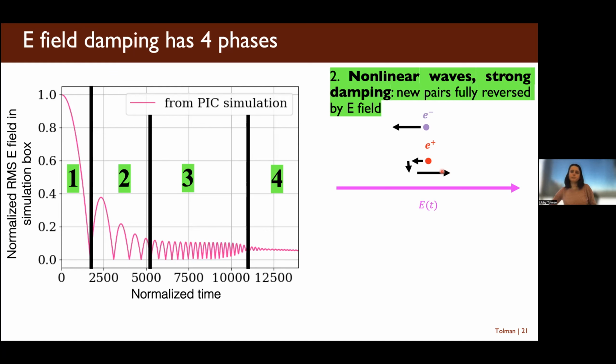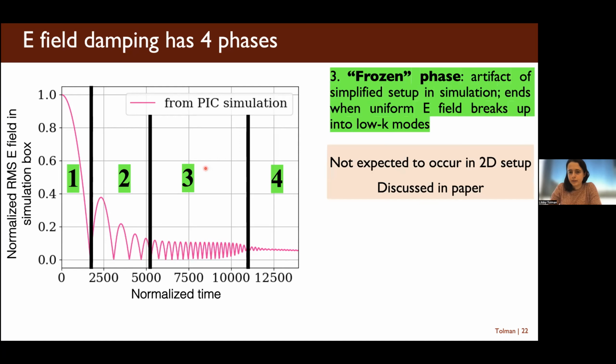So in this phase, we have strong damping, which occurs because newly added pairs are fully reversed by the electric field. If you drop a positron, it'll get turned completely around in the direction of the electric field, and the electron will get very dramatically accelerated in the way it was going. After this, there's a frozen phase.